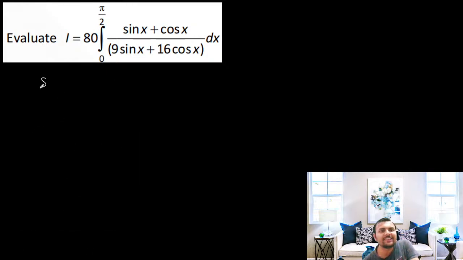We can say that sin x plus cos x is a times (9 sin x plus 16 cos x) plus b times the differentiation of it, which is 9 cos x minus 16 sin x.